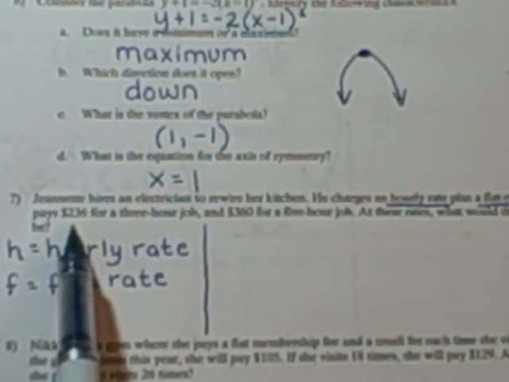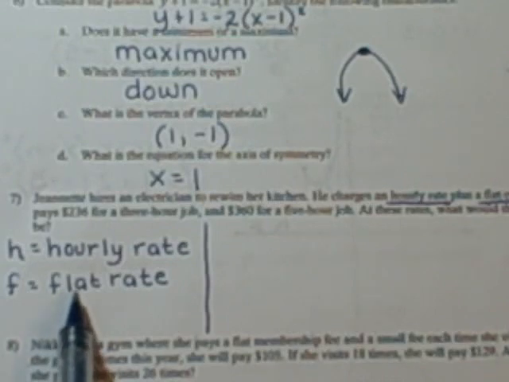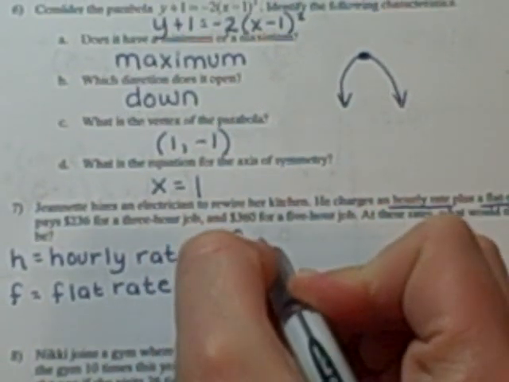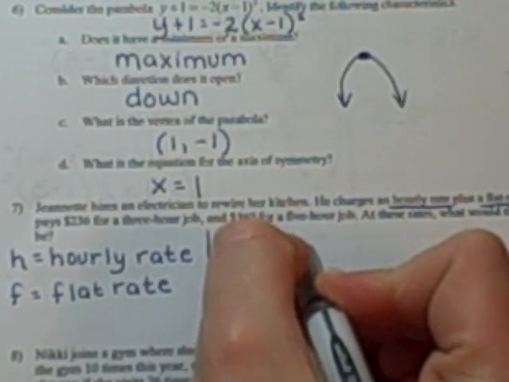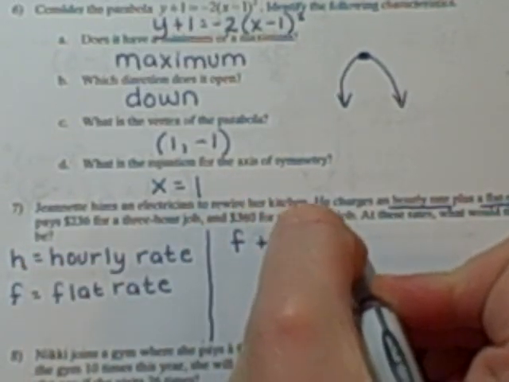Now I want you to think about this 3-hour job. If somebody hires an electrician for a 3-hour job, they're going to end up paying the flat rate plus 3 hours. Okay, so think about what that would look like in an equation form. We're going to pay the flat rate plus 3 hours, and it tells us in the problem that that will equal $236.